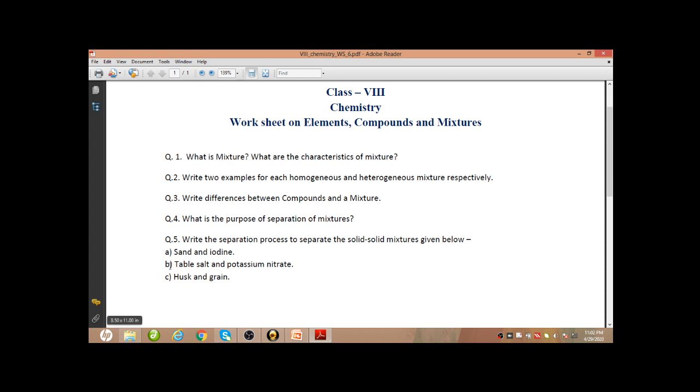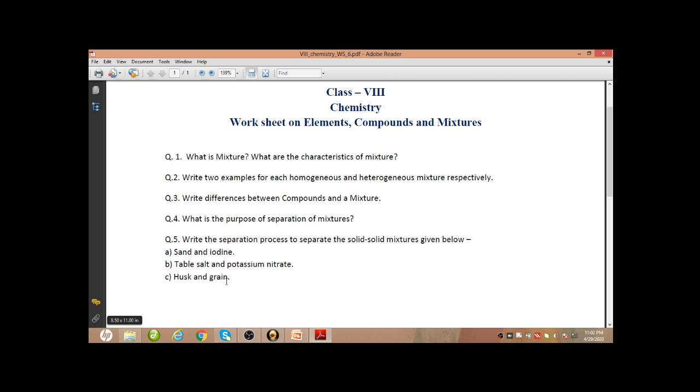For this we have to use fractional crystallization, as potassium nitrate is much more soluble than table salt, so fractional crystallization is the process to separate these two.